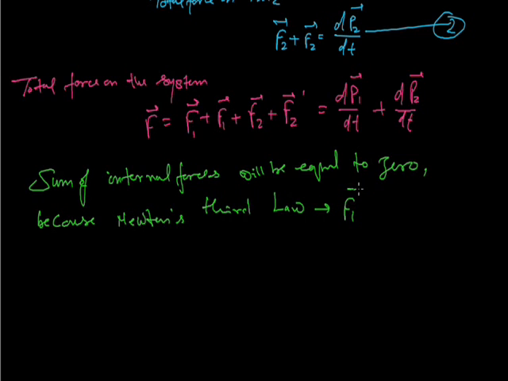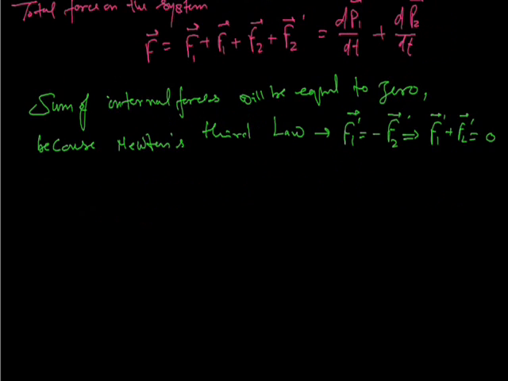That means F1 dash is equal to minus F2 dash, and F1 dash plus F2 dash equals 0. So the resultant force F vector is equal to F1 plus F2, which is dP1 vector by dt plus dP2 vector by dt.